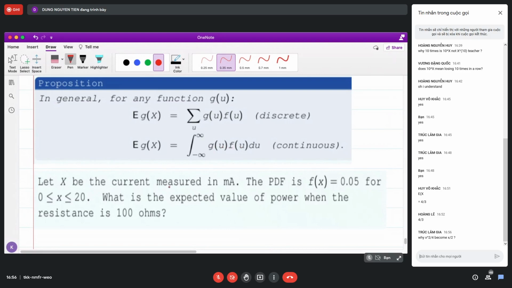That's it. Okay. Now suppose that x is the current measured in milliampere, and the density function is 0.05 for any x between 0 and 20.